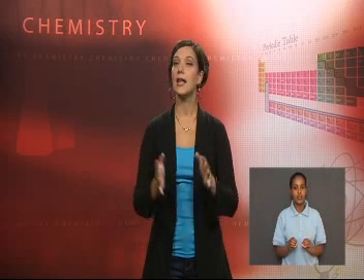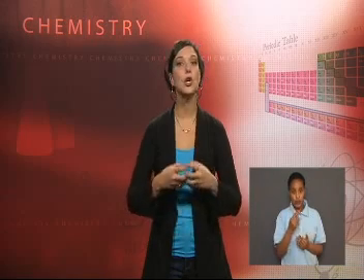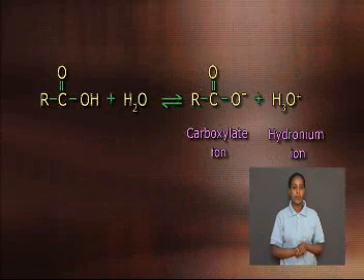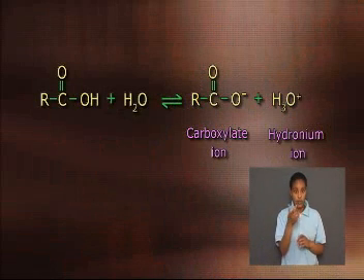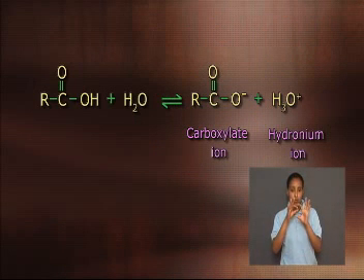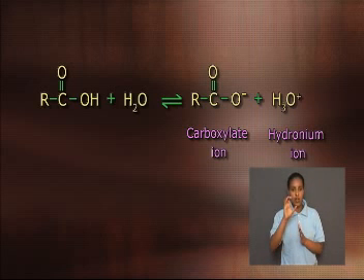Students, let us look at some of the common reactions of carboxylic acids. In aqueous solutions, when the cleavage of an oxygen-hydrogen bond occurs, it leads to the formation of carboxylate ion and hydronium ion.